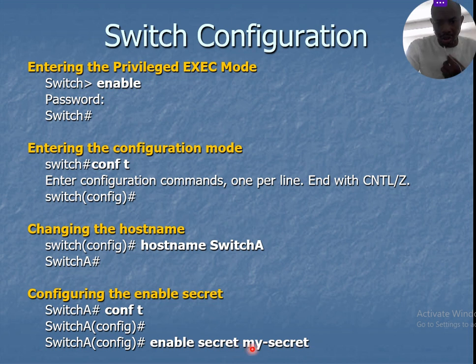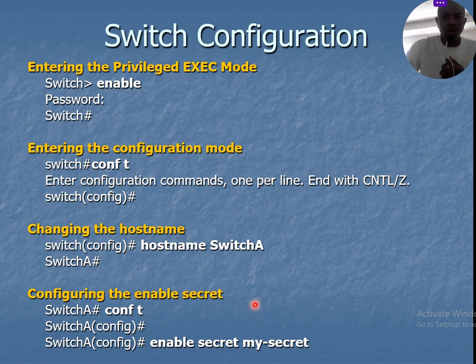If you want the password to be Monday, you say enable secret Monday. If you want 1 2 3 4, you say enable secret 1 2 3 4. Whatever you put here determines what the password is.